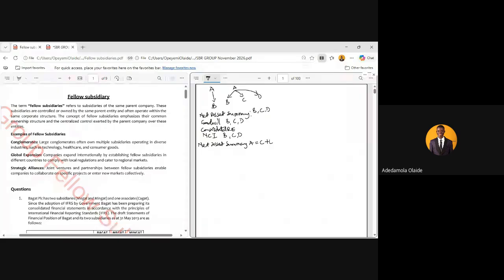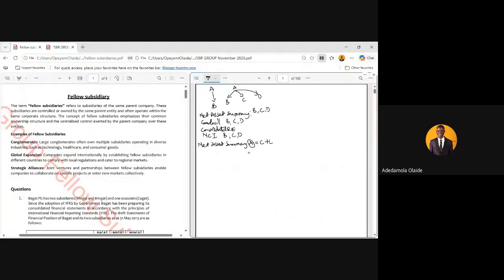acquires equity interest in the subsidiary. But we understand that whatever equity interest the parent is acquiring is actually to acquire the assets of the subsidiary.